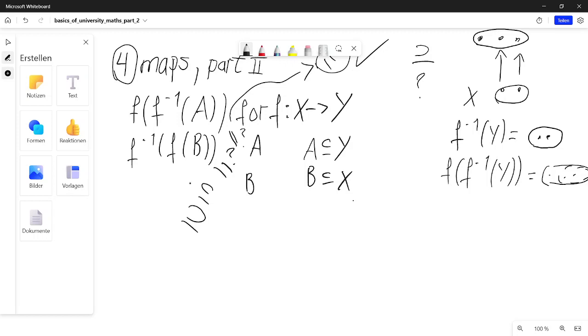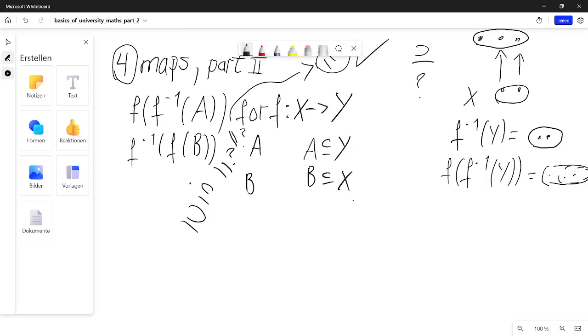Yes, this one in this direction. Because you see, if we take an element in here, then this is just pre-image. Any element X in this set, so an element in X, we take the pre-image of that set. Pre-images are always subsets of the domain, right?